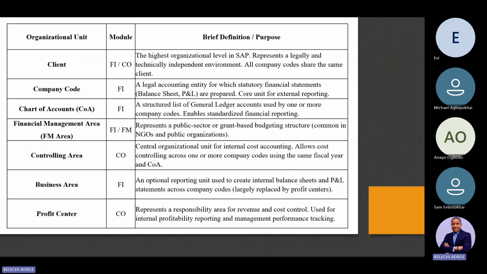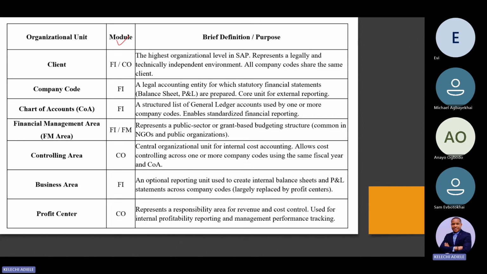A client, we have said, is the highest organizational level in SAP that represents a legal and technical independent environment. Company code is a legal accounting entity for which statutory financial statements are prepared. Chart of accounts, which we're going to see later, is a list of your GLs. Financial management area represents the public sector and grants budgeting structure, common for NGOs and public organizations. Controlling area is under CO. It is the central organizational unit for internal cost accounting, not for external.